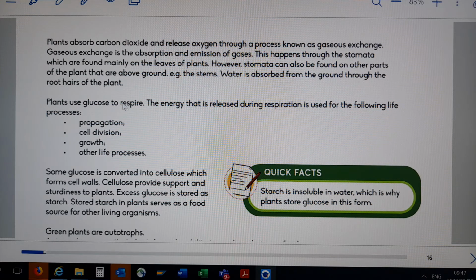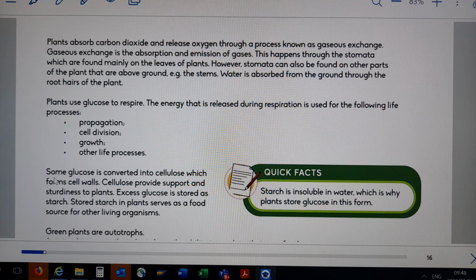When glucose is formed, there will be energy that is released during respiration, and that energy they say is used for other life processes, which are propagation, cell division, growth, and other life processes. We will explain this in detail when we get to that section.